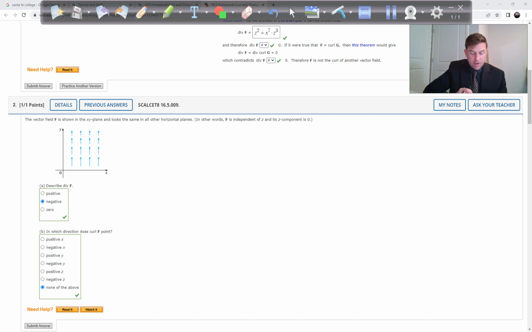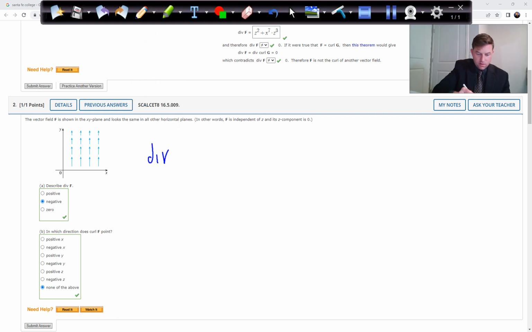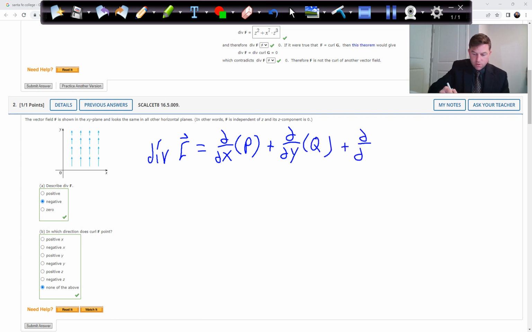So describe the divergence of F. Well, again, the divergence of F would be equal to the partial derivative with respect to x of P plus partial with respect to y of Q plus partial with respect to z of R. But notice that this is only in 2 dimensions, so this part will completely go away. There is no third dimension in this case.